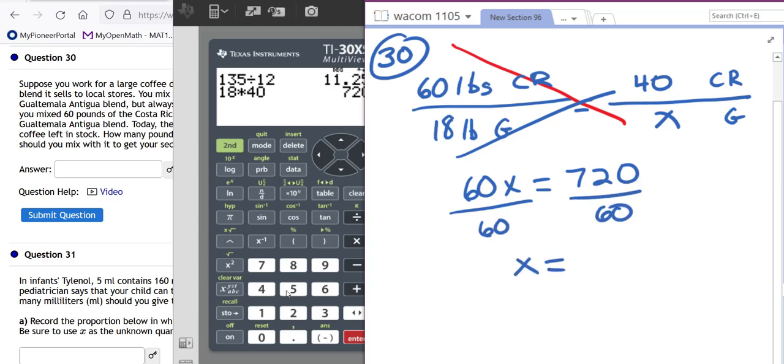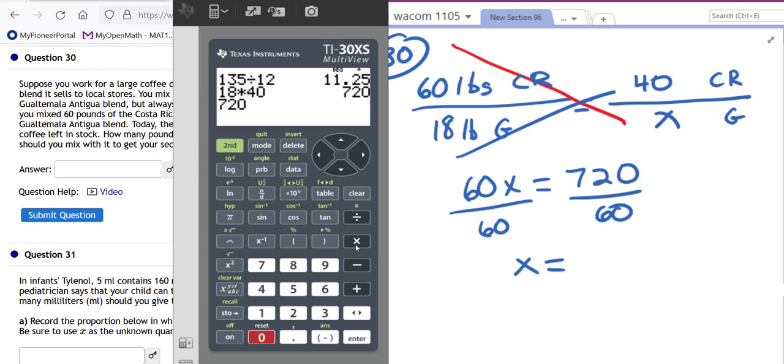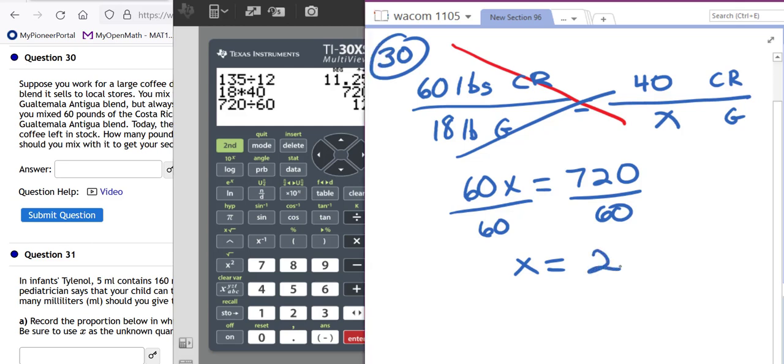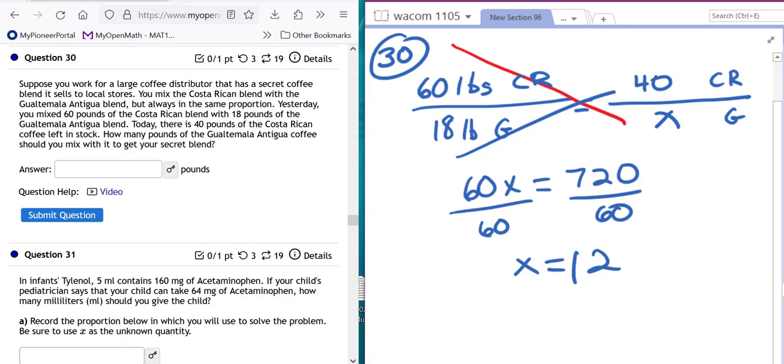So x equals 720 divided by 60, x equals 12. Good. That is what those proportions are for. And you do need the same things in the same positions. Okay.